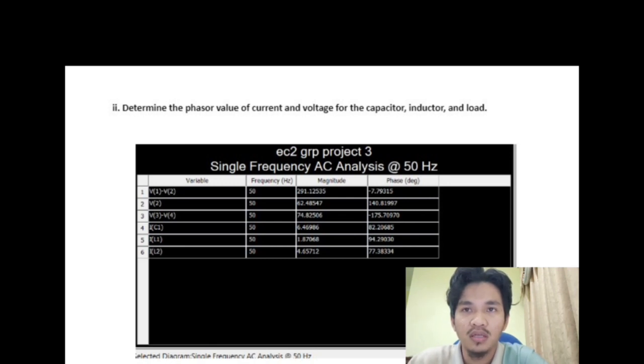For XL, we get 106.436 volt with time delay 15 millisecond, and for the Z load we get 88.887 volt with time delay 3.125 millisecond.